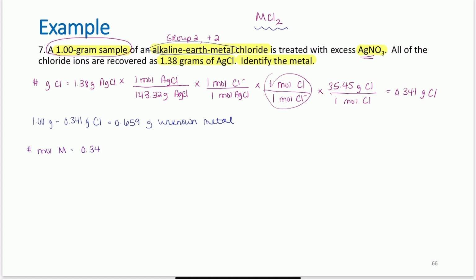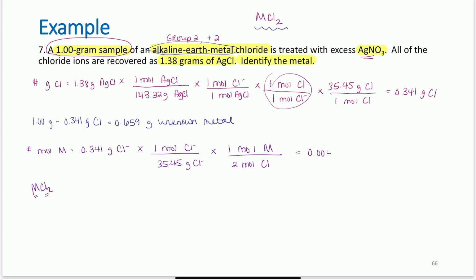I know I have 0.341 grams of chloride. Convert that to moles of chloride. Now I can convert that to moles of metal. I know I have 1 mole of that unknown metal to every 2 moles of chloride in the sample because it's MCl2. 1 metal, 2 chlorides.